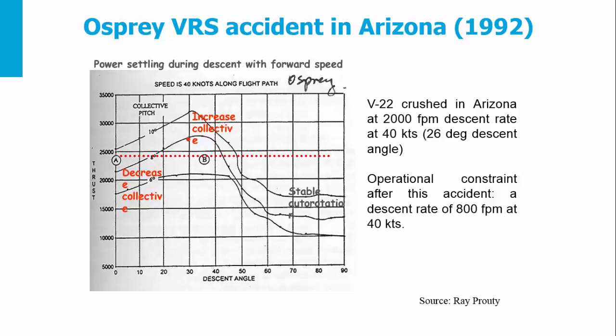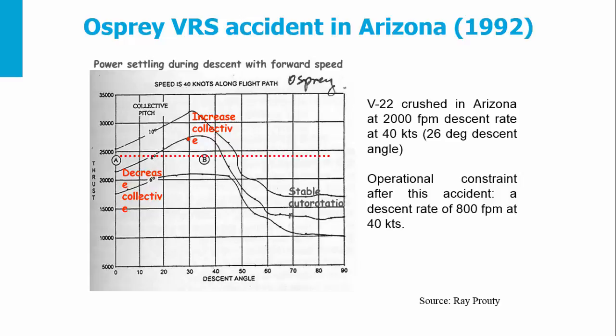In 1992, a V-22 crashed in Arizona at a 2,000 feet per minute descent rate at 40 knots with an angle of descent of 26 degrees. Here you see again the descent angle and the thrust of the Osprey.